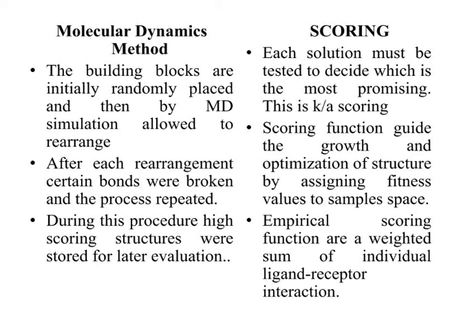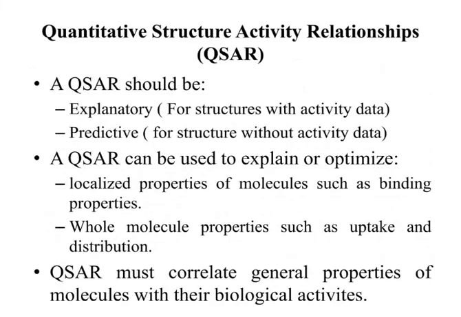For scoring, each solution must be tested to decide which is the most promising, and this is scoring. Scoring functions guide the growth and optimization of a structure by assigning fitness values to the sample space. Empirical scoring functions are a weighted sum of individual ligand-receptor interactions.